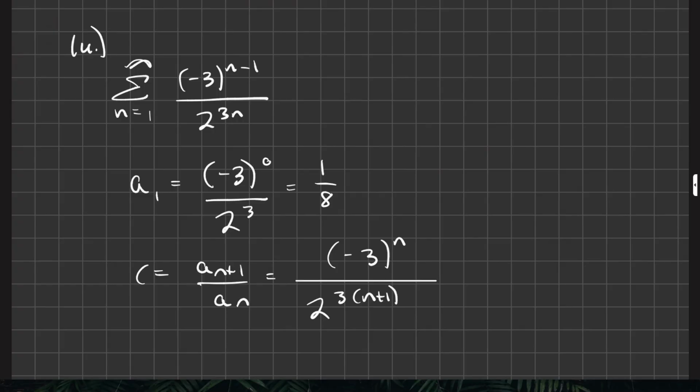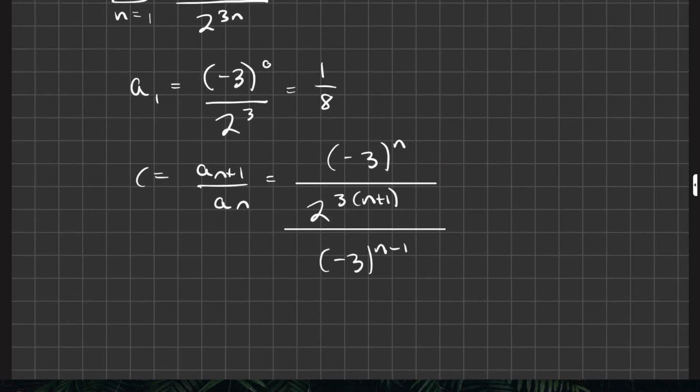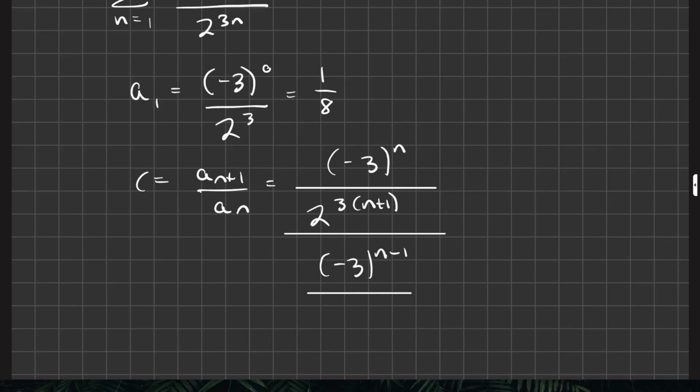Right, and this becomes n because n minus 1 plus 1 would just be 0, so we just have n. And then this is all divided by (-3)^(n-1) over 2^(3n). We can take reciprocals, and we get that this is simply just -3 over 2 cubed.